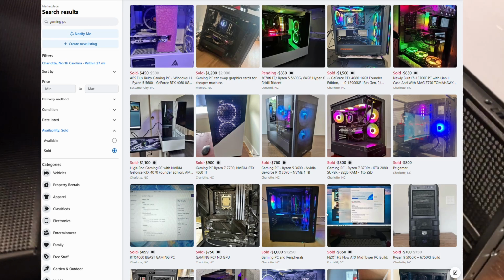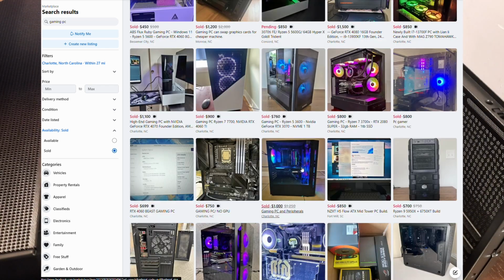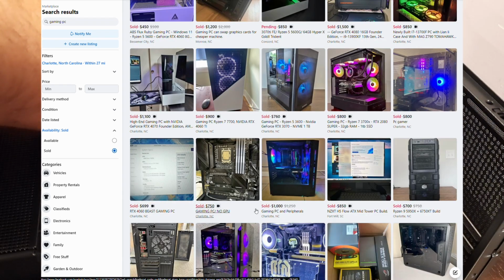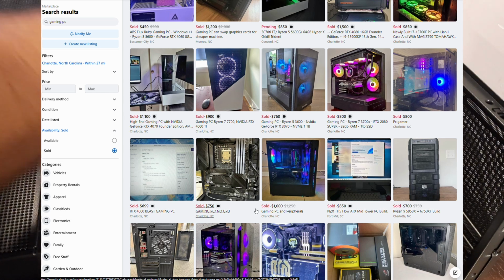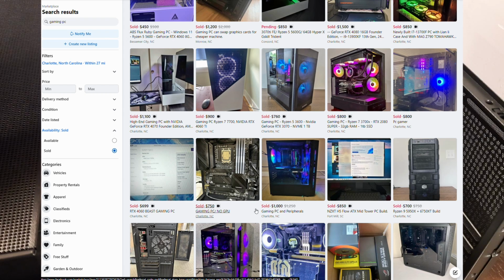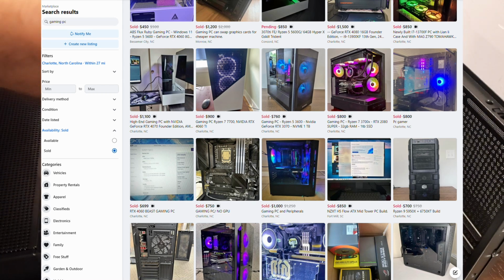In my local area, PCs between $500 and $700 are the most popular price bracket. There's also a whole lot of competition there. So that's why personally, I'm now sticking to the $700 to $1,000 price bracket for my builds, just as an example, after analyzing my own local market data.